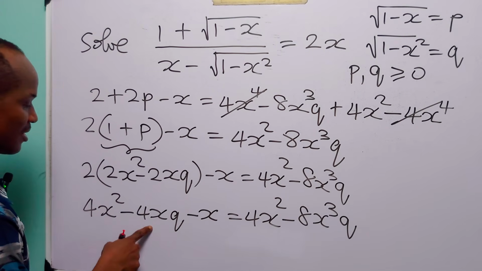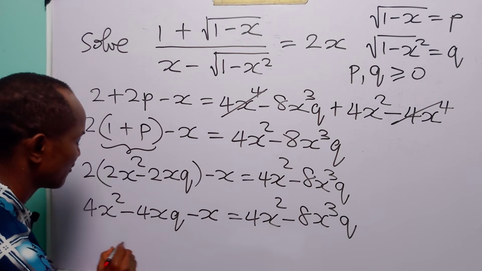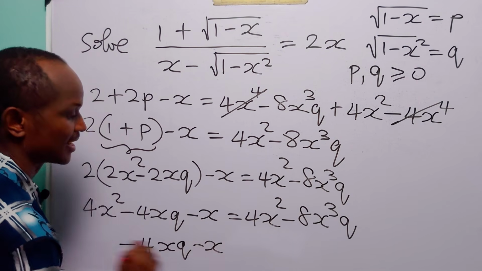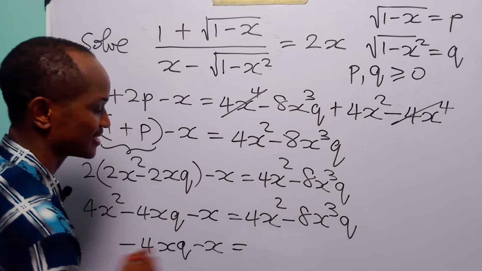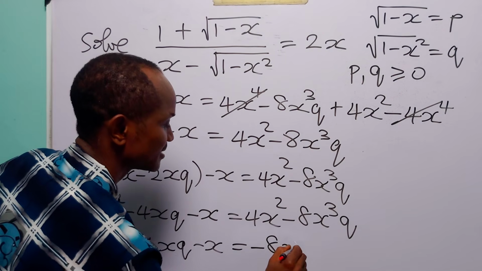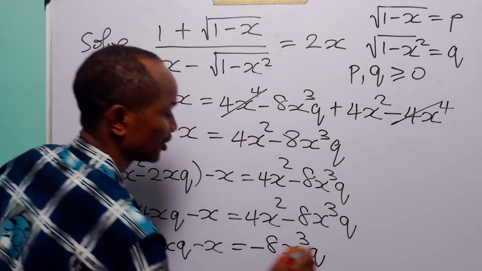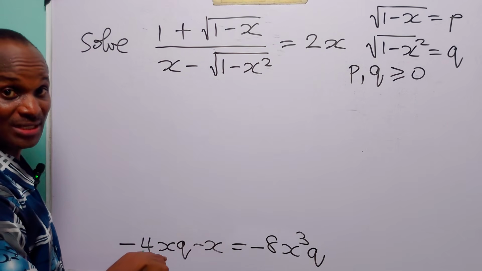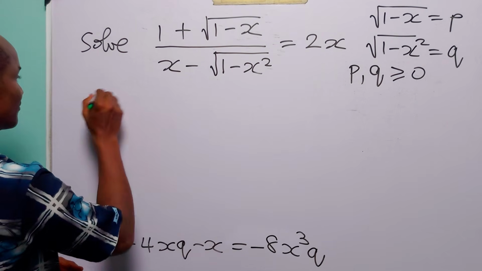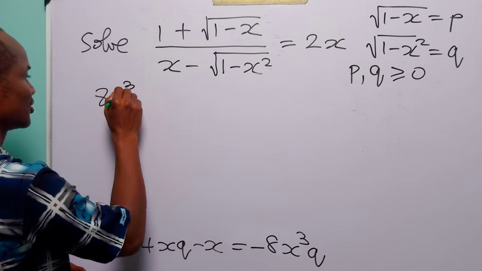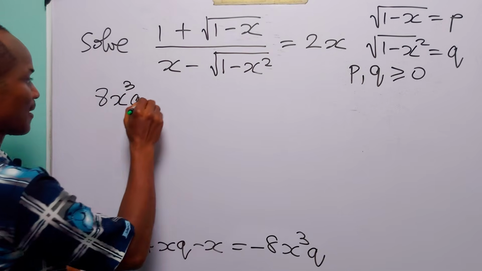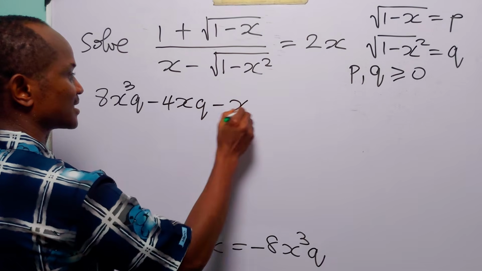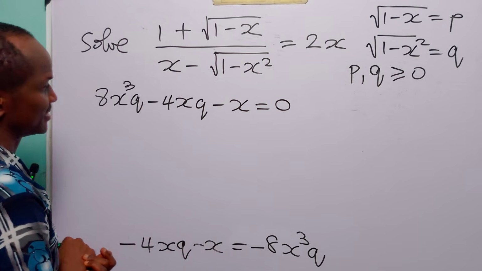When we do that, on the left-hand side, we have minus 4x cubed q minus x. And on the right-hand side, we have minus 8x cubed q. And when we move this term over to the left-hand side, we have that 8x cubed q minus 4x cubed q minus x is equal to 0.